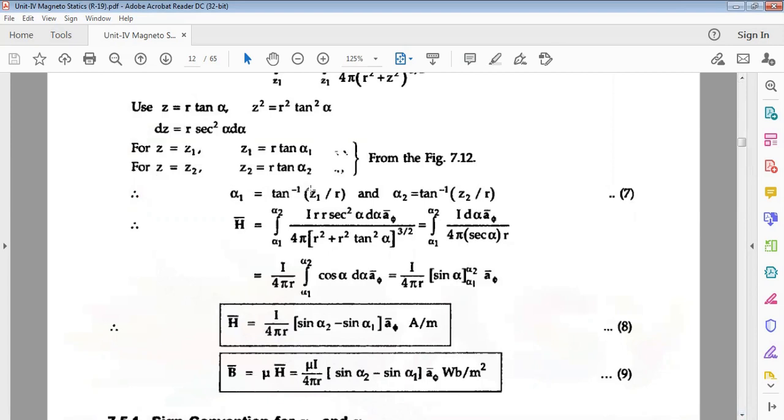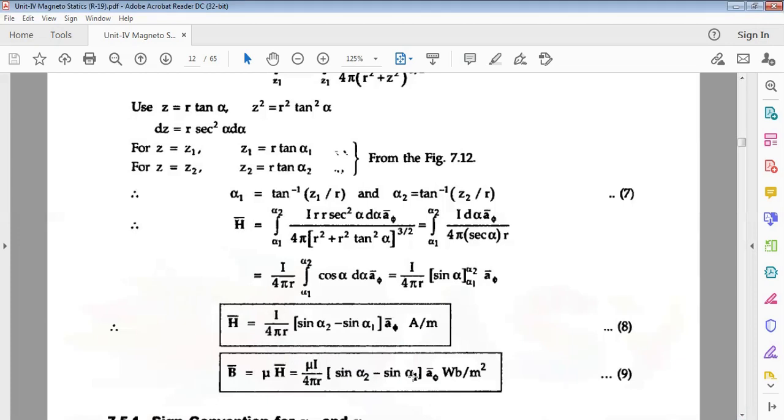Alpha 1 is equal to tan inverse Z1 by R, and alpha 2 is equal to tan inverse Z2 by R. So directly you can substitute and say H bar is equal to I by 4 pi R times sin alpha 2 minus sin alpha 1, where alpha 1 is tan inverse Z1 by R. Or B bar is equal to mu times H bar, mu I by 4 pi R, sin alpha 2 minus sin alpha 1, into a phi.